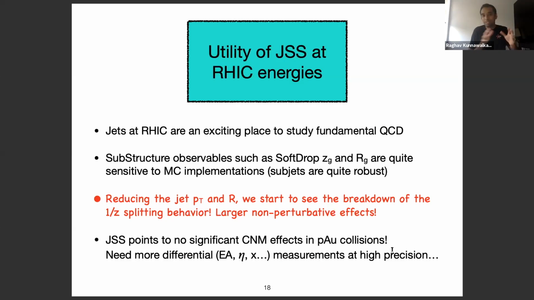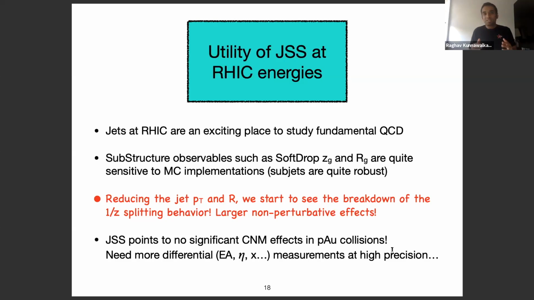That brings me to the conclusion of the first part of the talk. I want to emphasize that jets at RHIC energies are an exciting place to study fundamental QCD. Soft drop observables are quite sensitive. You saw the differences in the different Monte-Carlo. Another thing, I will talk about subjets in the next step, but when we go to heavy ion collisions, there's a need for a certain robustness, and we'll get to that.